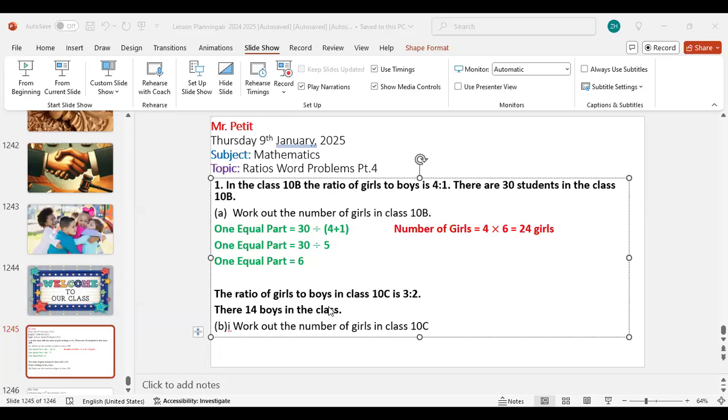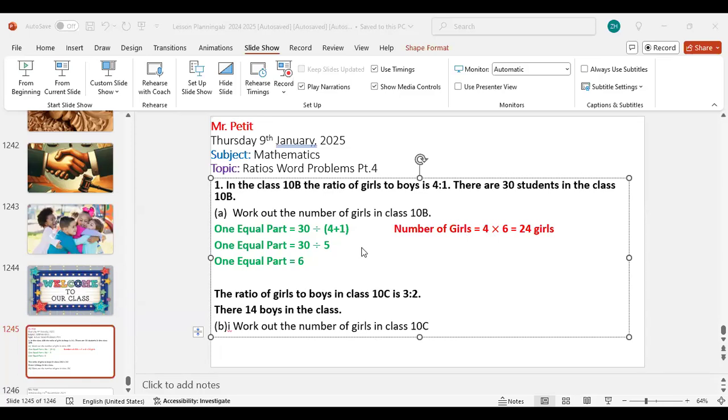Now let's move on to B I. Did y'all get the answer for B I yet? Yes, sir. What do y'all have for B I? 21 girls. She said 21 girls. I have 9.